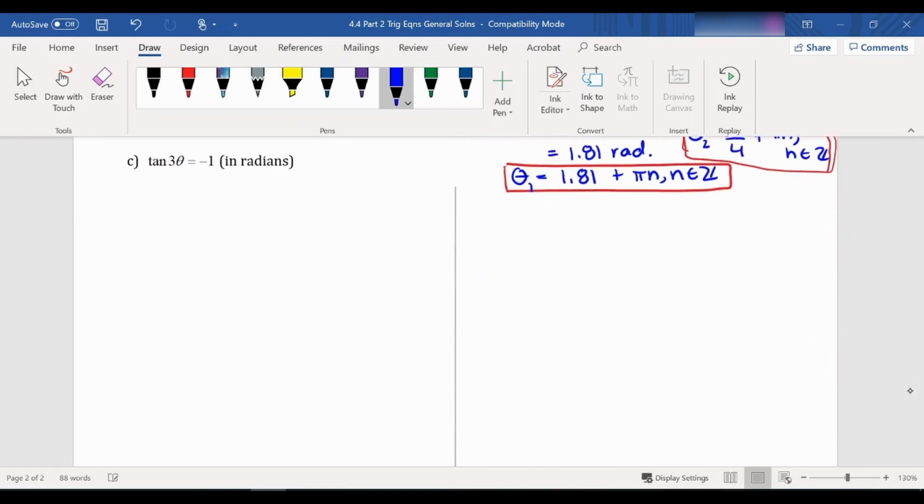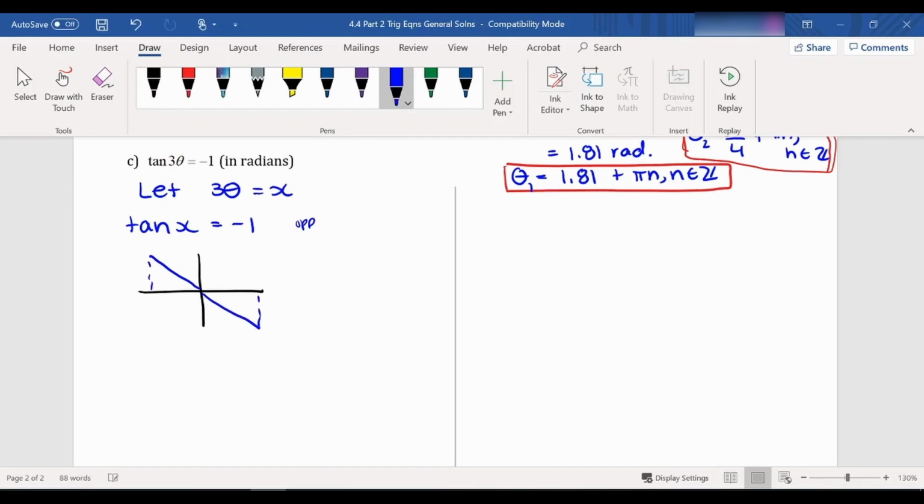And last one, we've got tan 3 theta is equal to -1. So I would say let 3 theta equal x, and I would write this as tan x equals -1. Now we just used a -1 version, and this was quadrant 2 and quadrant 4.